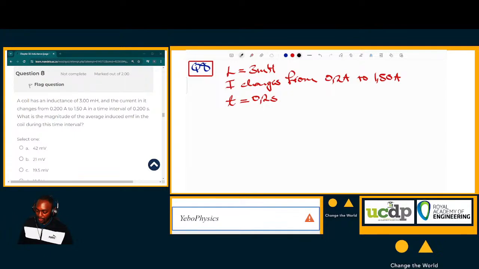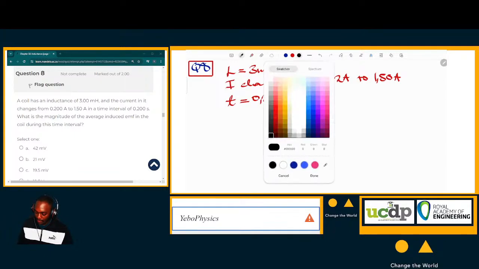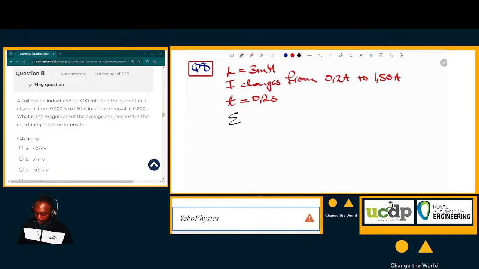Okay, so the EMF induced, you must have seen this equation from your lecture slides, that the EMF induced is directly proportional to the rate of change of the current.